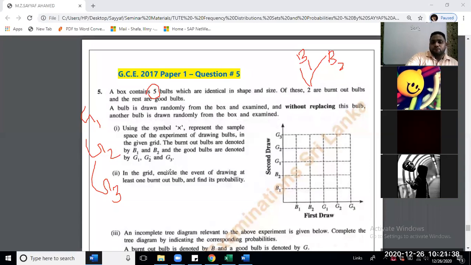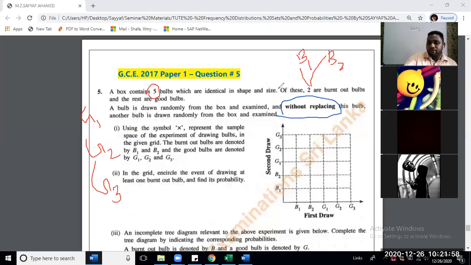Here is the most important sentence. A bulb is drawn randomly from the box and examined, and without replacing. Guys, highlight this part 100 times. Without replacing and with replacing plays a major role in this.